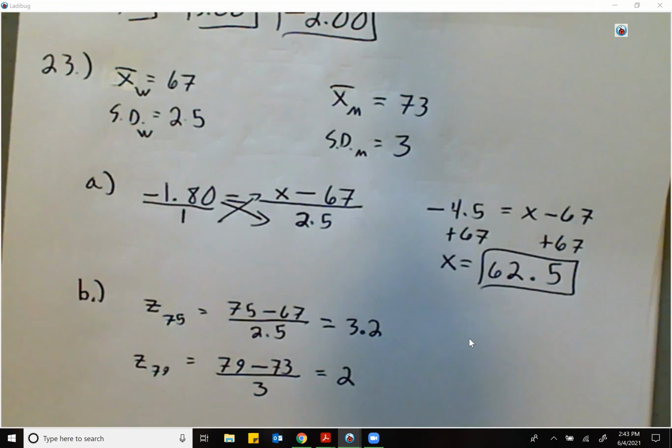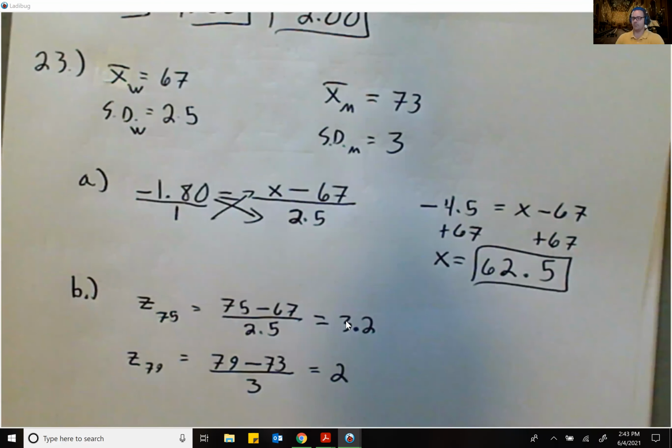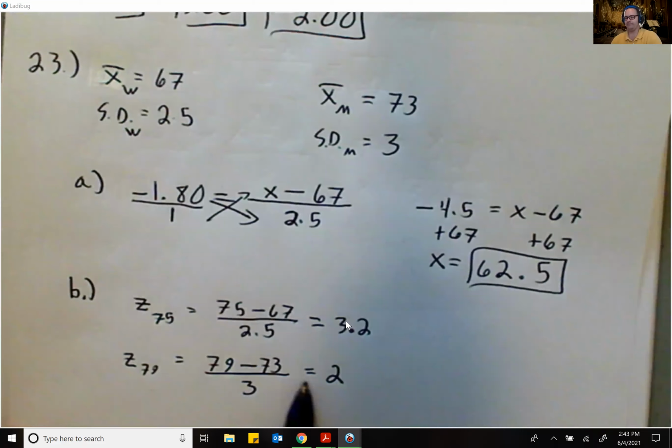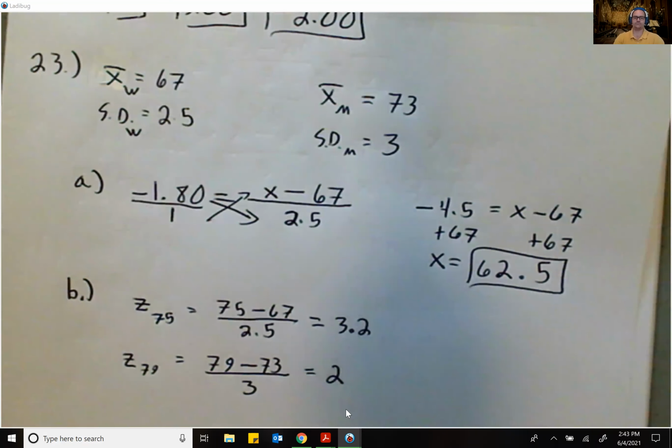Evelyn is the taller, because her deviation score is further away from 0 than his deviation score. So he is more typical, where she is not. That's what they're getting at.